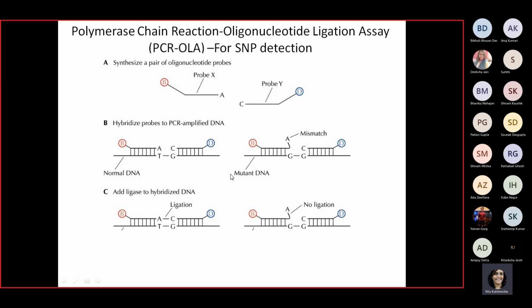So once you are done with the ligation, you pass these ligated products into a multi-well plate, and in each well there is streptavidin present. Okay, because biotin binds very strongly to streptavidin, all the biotin probes, this ligated product, will bind to it.